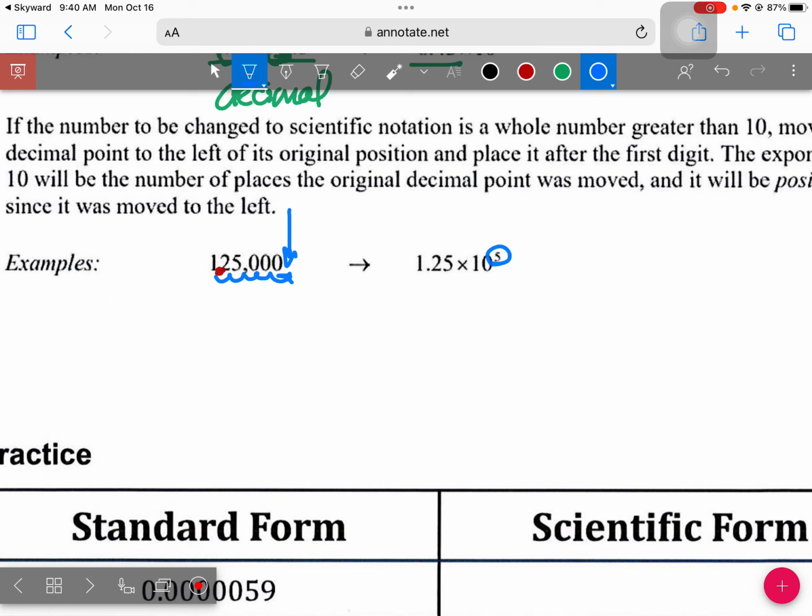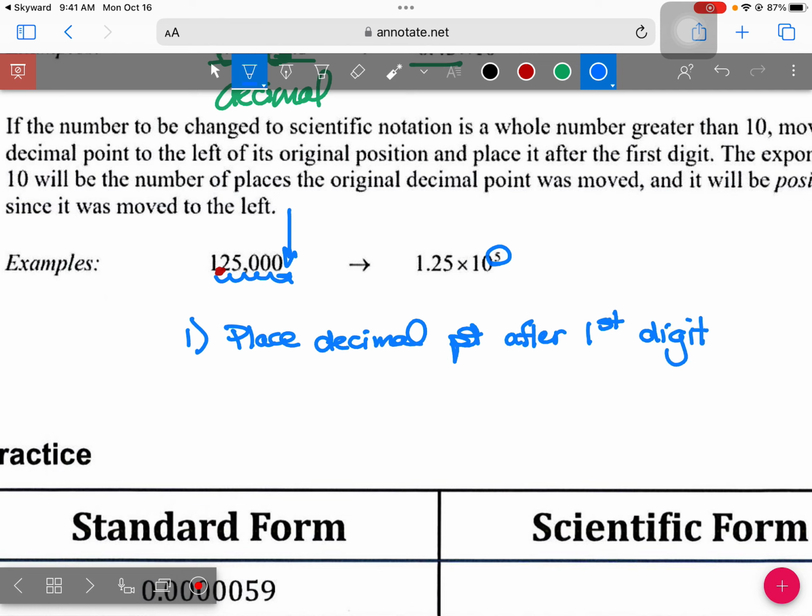So you look at your number, and you don't have to write this, place your decimal point after the first digit larger than 0. And then multiply by a power of 10.